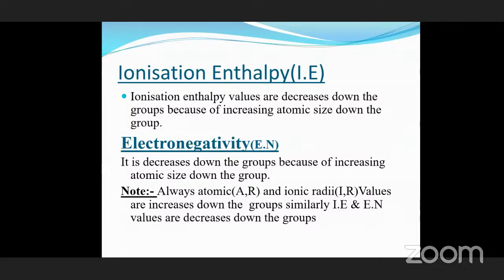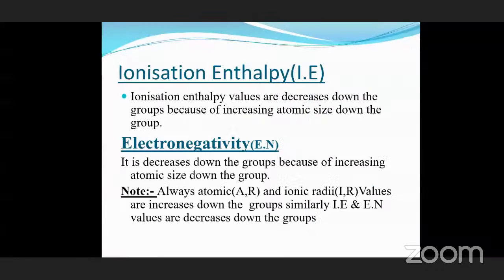That means atomic radius as well as ionic radius increase down the group, whereas ionization enthalpy and electronegativity values decrease down the group. It is a simple tip to remember about this one, right? This is about the enthalpy and electronegativity.